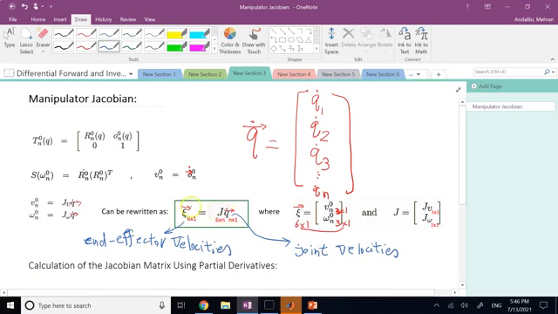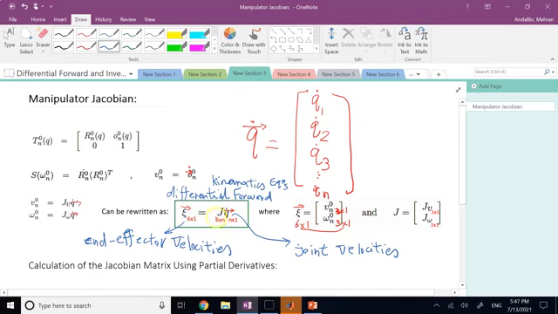If I can relate these together by a simple matrix product, in other words, by a linear relationship, this relation, first of all, is what we call differential forward kinematics equations.